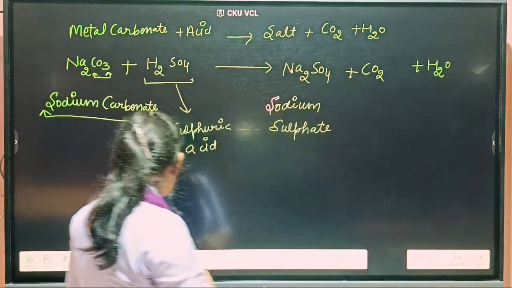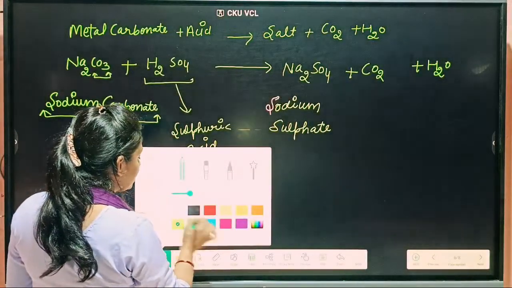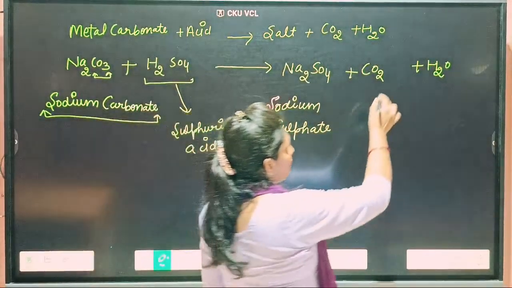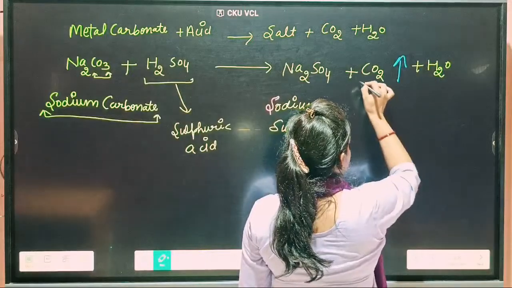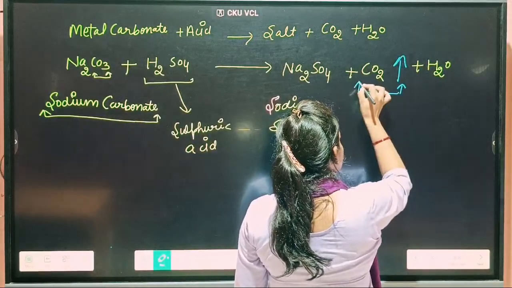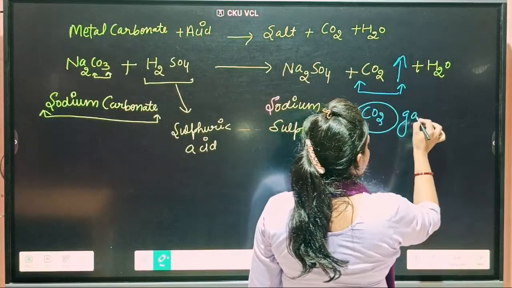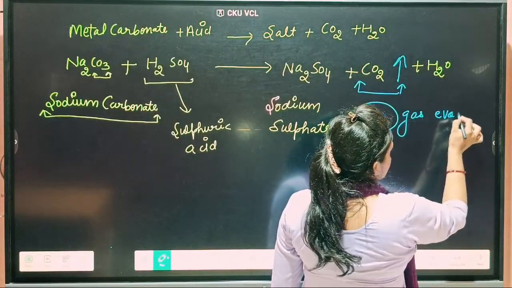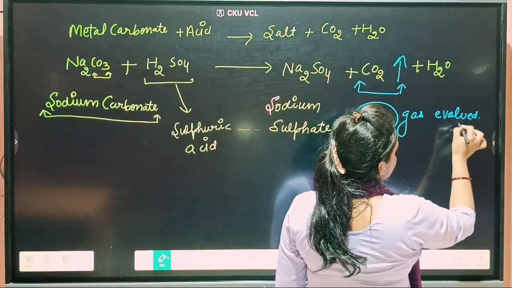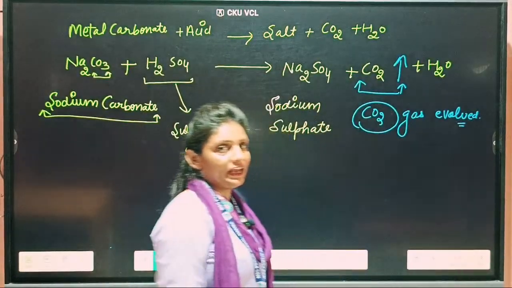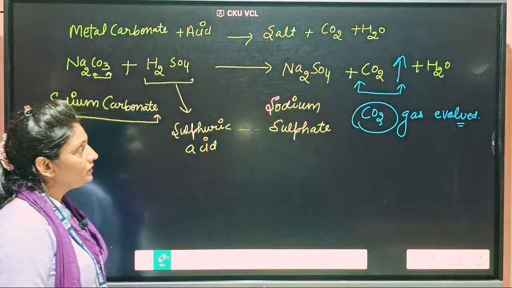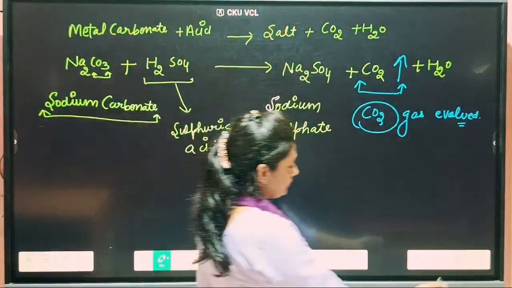Then students, you can see here production of gas, evolution of gas takes place. Which gas is here? CO2, carbon dioxide gas evolved. So students, during a chemical reaction, gas can be evolved. I hope this is clear to you.